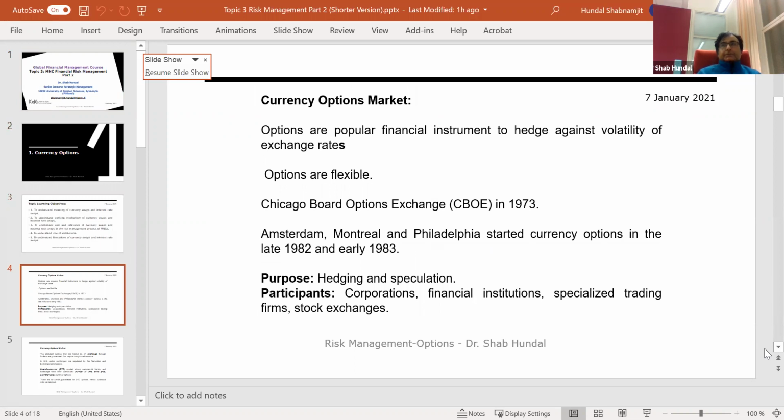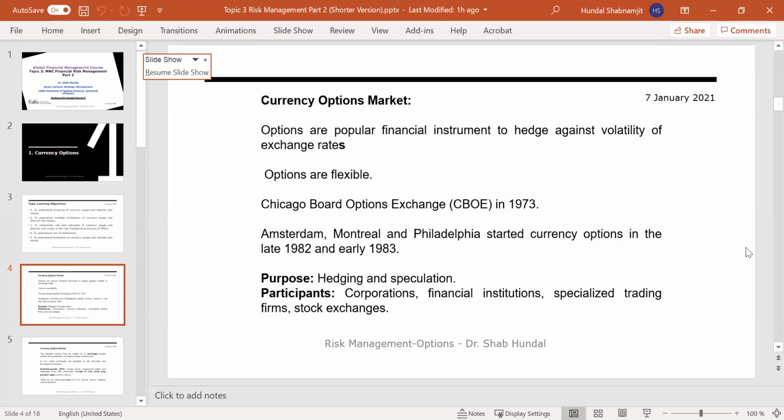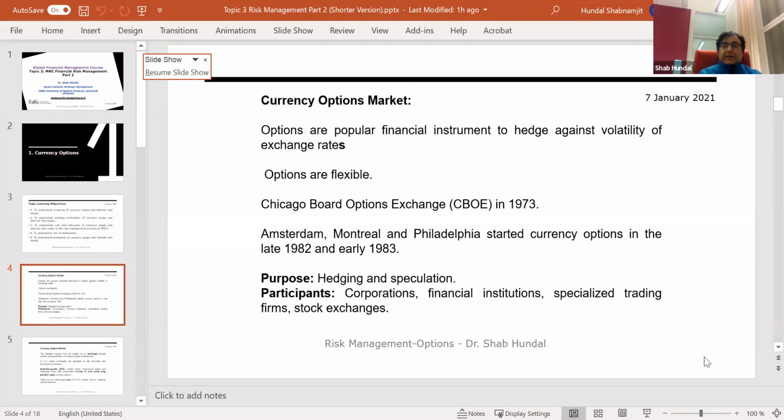If you look at the currency forwards, one of the limitations of the currency forwards was that they are very rigid. Rigid means that when you sign the contract, and I often use this expression, you lock in with your counterparty, with the bank.